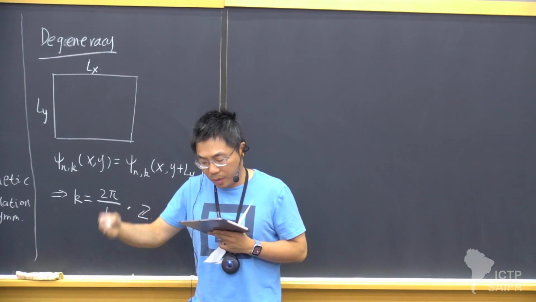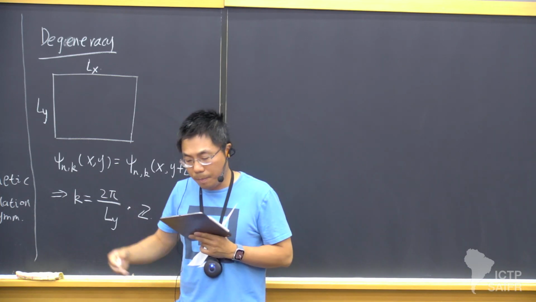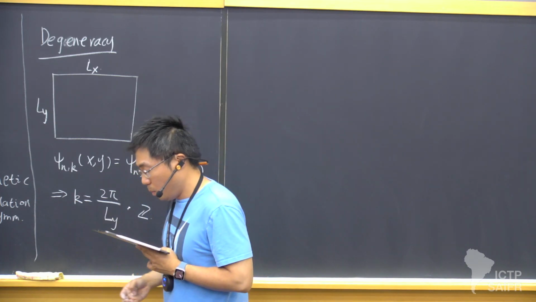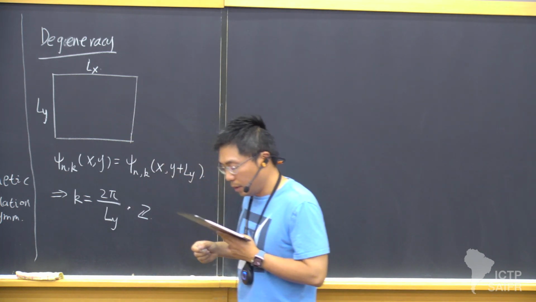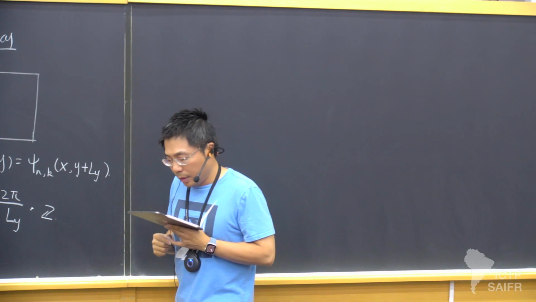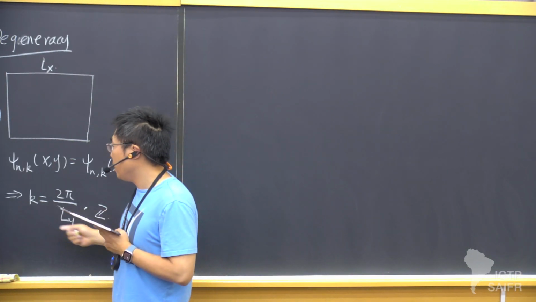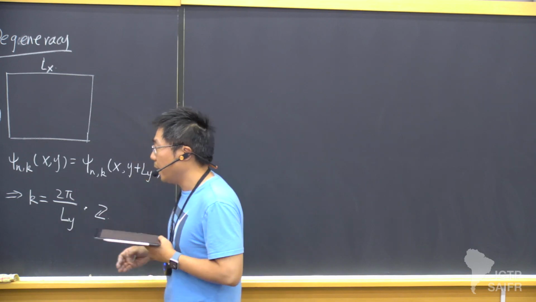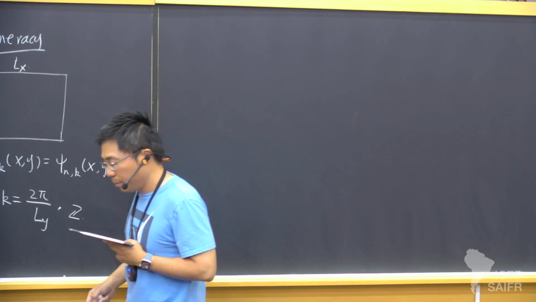That's the typical case for a system with periodic boundary conditions. But here it seems that k can take any values, as long as it's 2 pi over Ly times an integer.